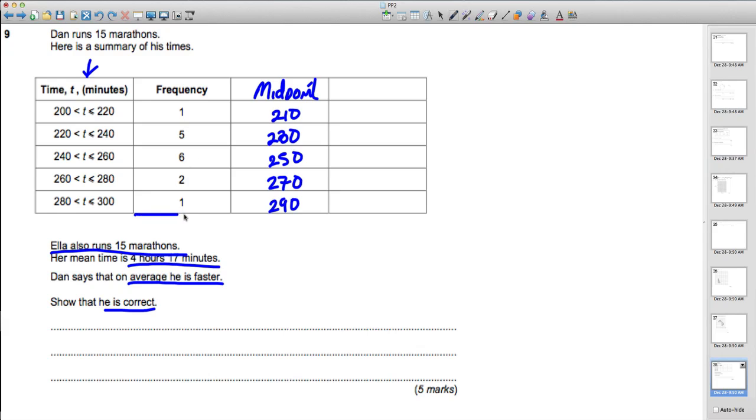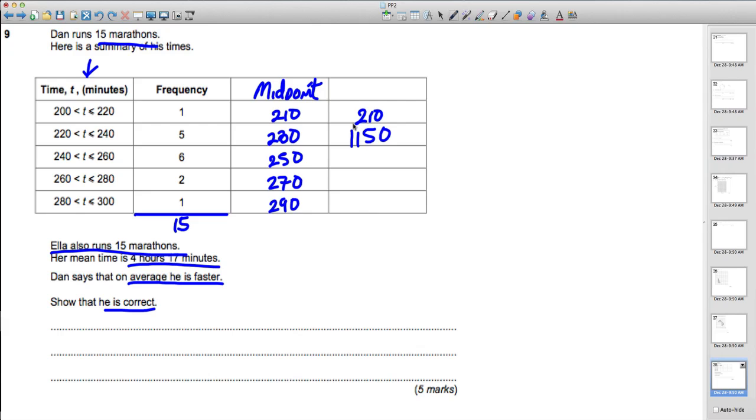Firstly, you'd like to work out the total number of marathons. It's the sum of these, and it was given in the question, it's 15. Now, to work out the mean, you want the total time he took divided by the total number of marathons he did. So the total time he took: one time he got a midpoint of 210, so you multiply these and get 210. 5 times he got 230, or that's our guess at what he got, so you do 5 times 230, which is 1150.